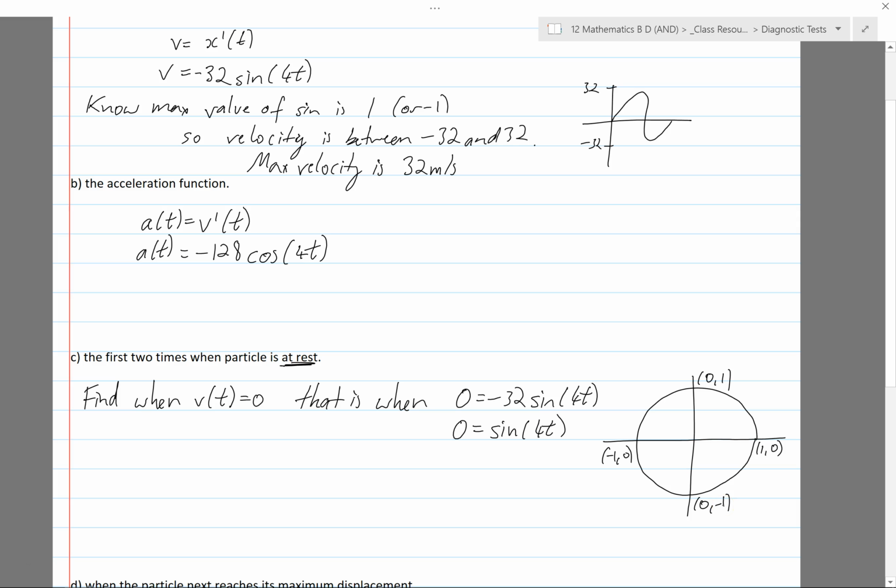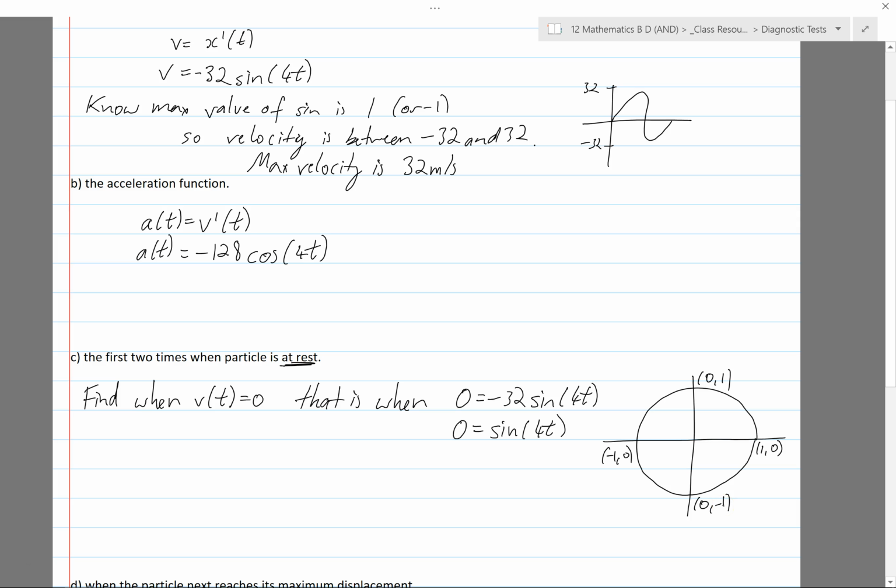So looking at my unit circle, looking for an x-coordinate of 1 or minus 1, it seems to be at these same 2 points, 1 and minus 1. Okay, so over here, 4t for the positive will be at 0, 2 pi, 4 pi, etc. Here's the point. I can go around another 2 pi, another 2 pi, etc.